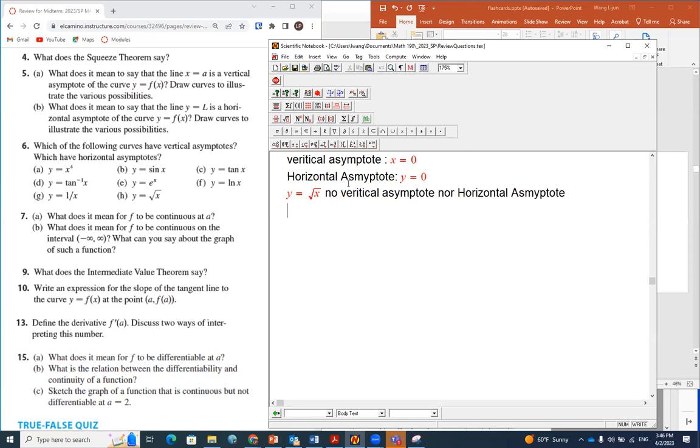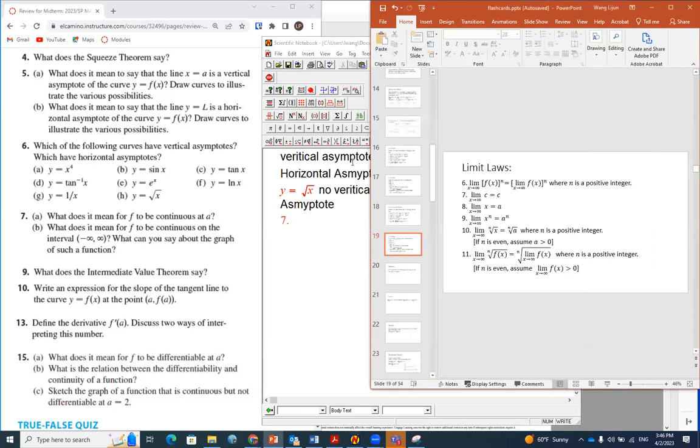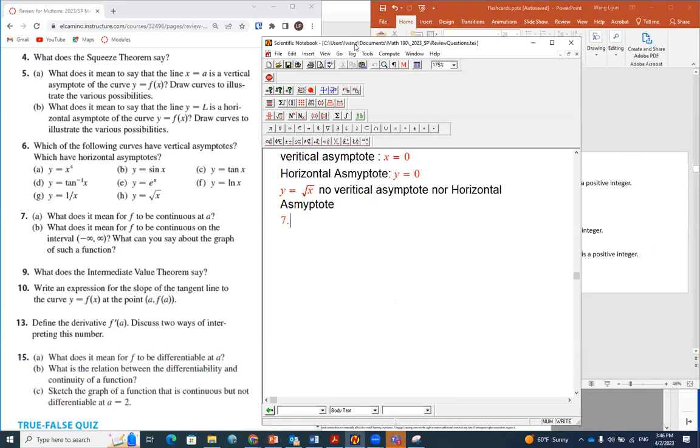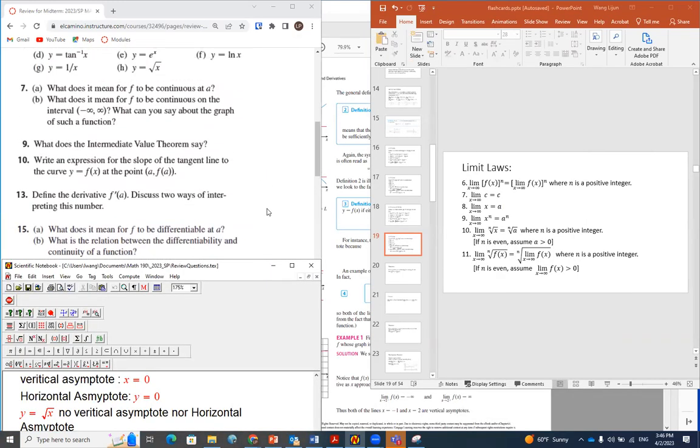Now, number 7. What does it mean for f to be continuous at a? You need to know the definition of a continuous function, right? That's 3 points, so you want to make sure you understand that. What does it mean for f to be continuous on an interval?